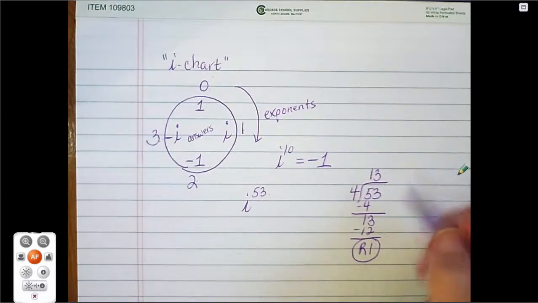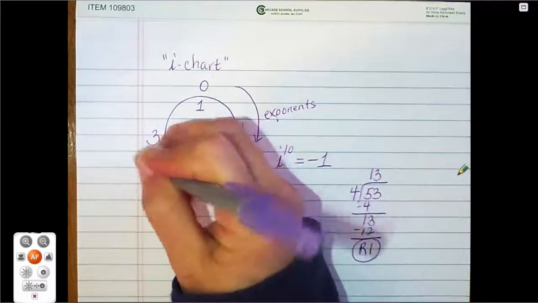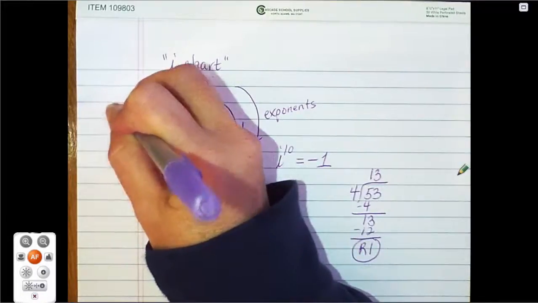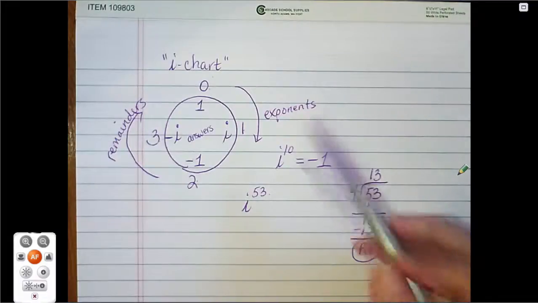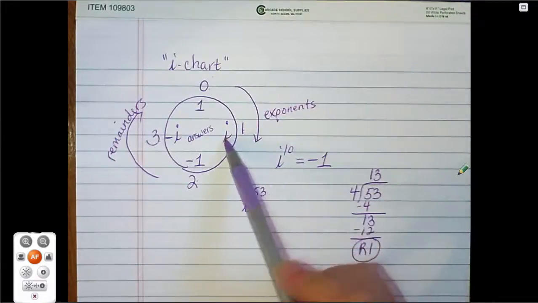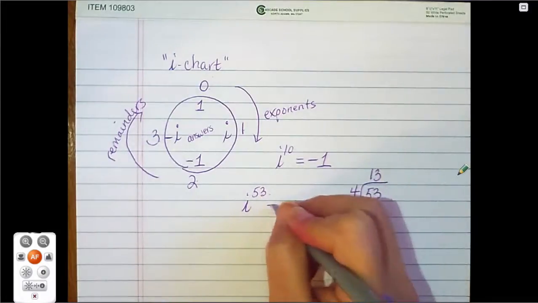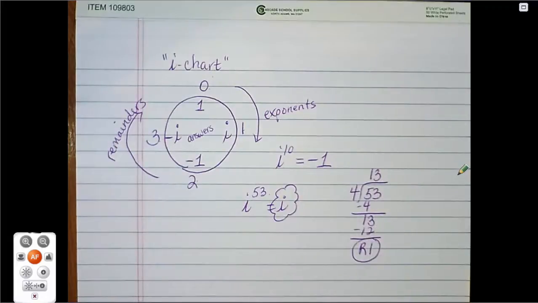Well, these exponents on the outside of my i chart are also remainders. So if I go to the remainder of 1 on my i chart, inside is my answer. So i to the 53rd is equal to i. Get your i chart into your cumulative notes and then go back to your paper.